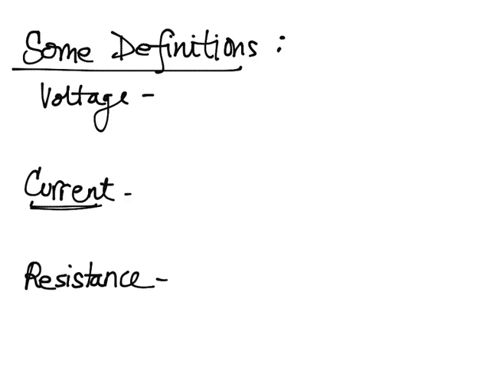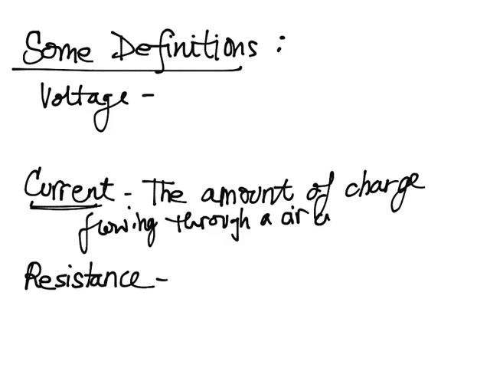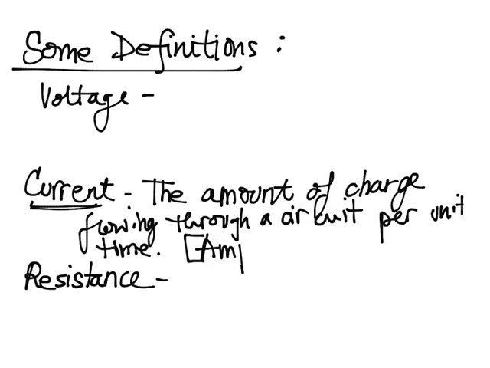For an electric circuit, current is the amount of charge flowing through a circuit per unit time. Okay, and the unit for current is amps. Okay, but you'll usually just see me write A.